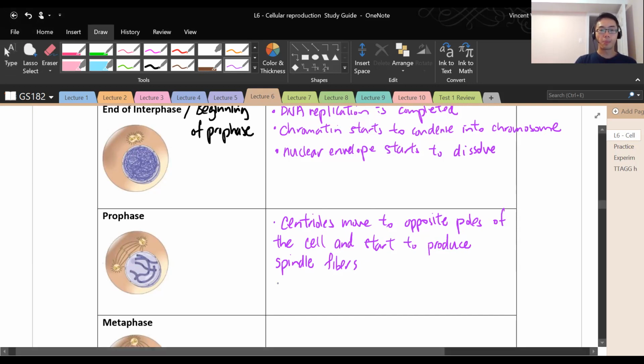Sister chromatids are held together at the centromere. That's basically what happens in prophase.